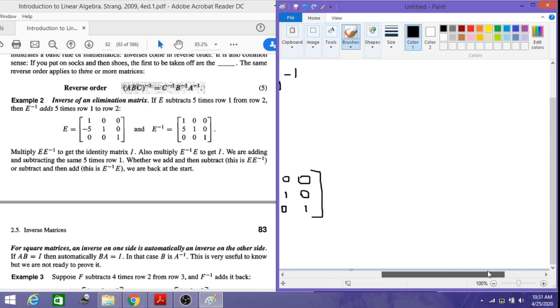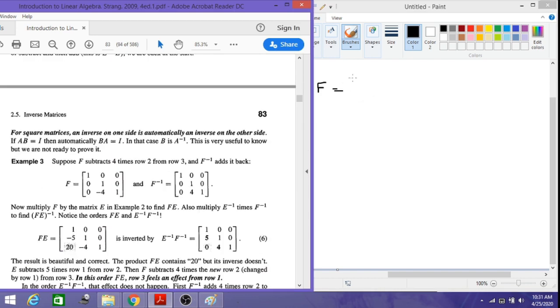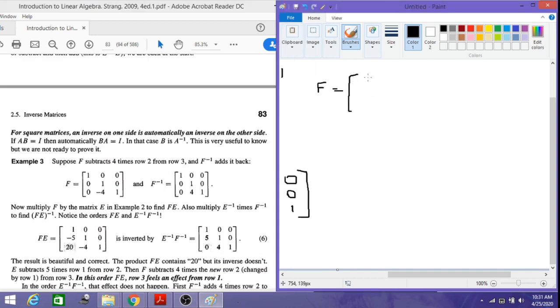Likewise, we had one more elimination matrix, that is F. So F was 1 0 0, then 0 1 0, then 0 minus 4 1. What we did was multiply 4 to row 2 and then subtract it from row 3, and then we got this minus 4 here.